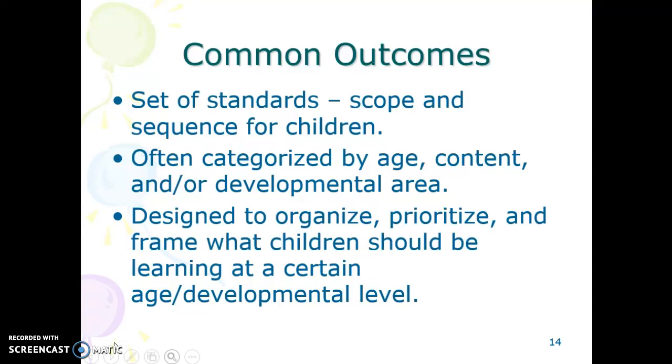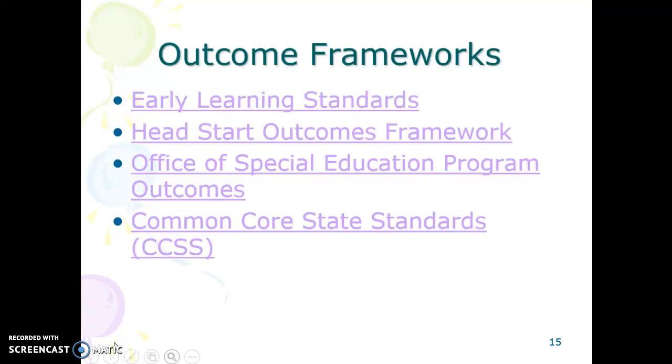What is the content, and then what is the developmental area, such as social, emotional, language, etc. Our outcomes are usually designed to help us organize and prioritize what we should be working on with our children, what topics, how we should help them learn, and again, looking at their age, which equates to their developmental level when we're talking about kids this young.